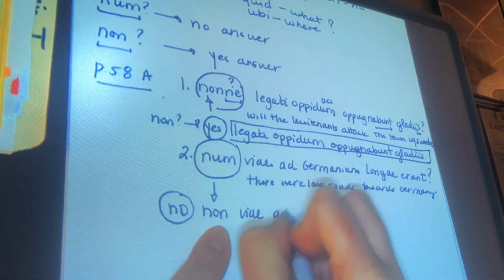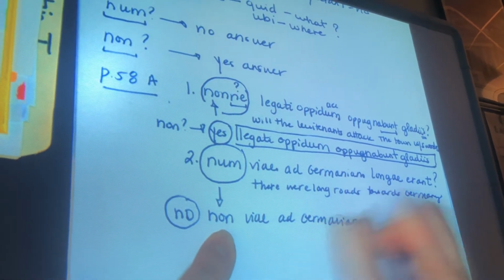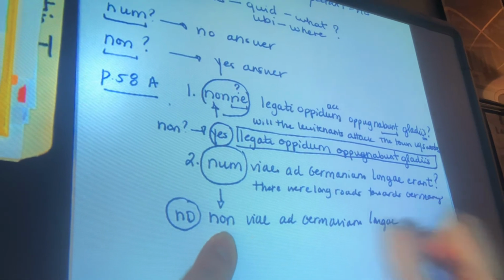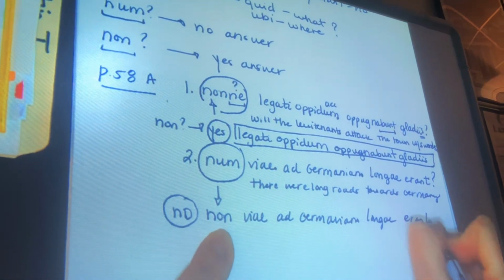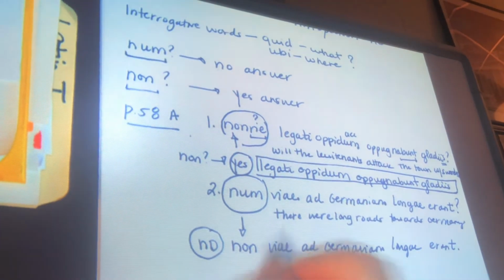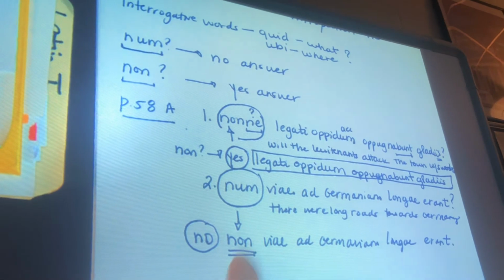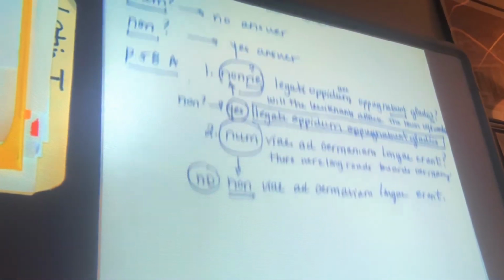Ad Germaniam longae erant. So we have non beginning that answer because we had nonne in the question.